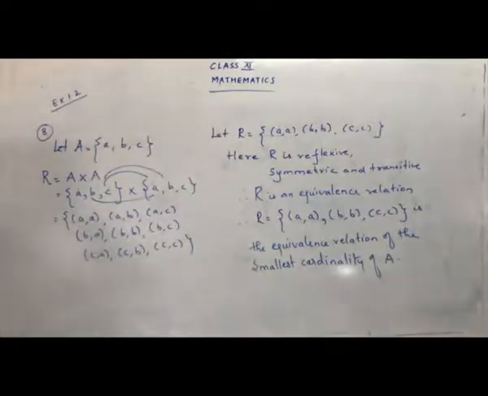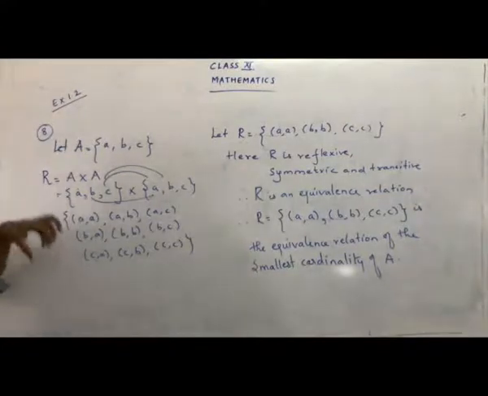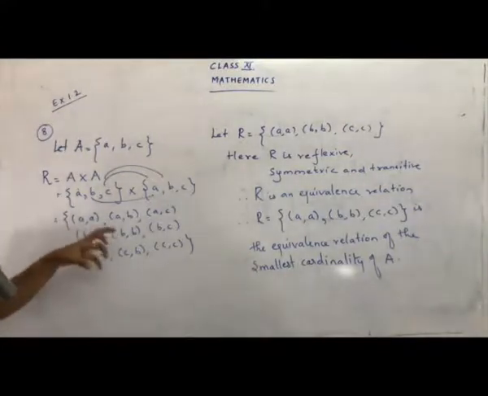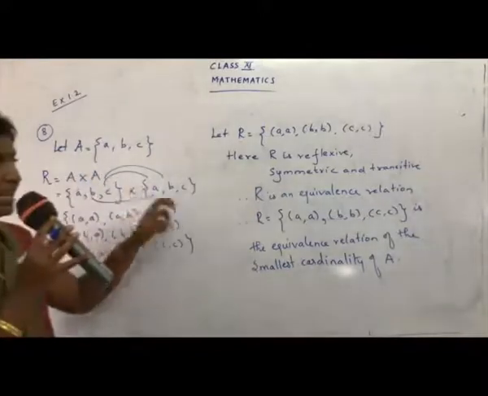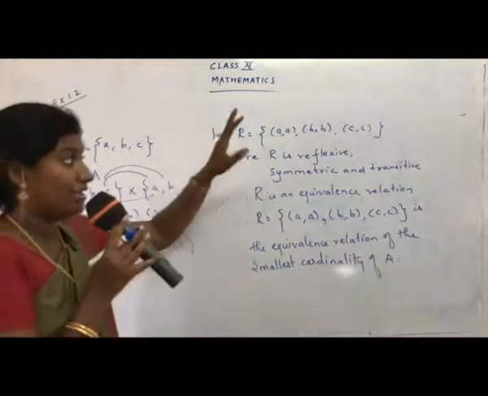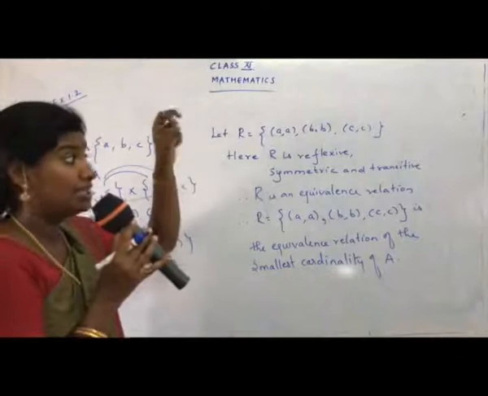So we are going to focus on the smallest cardinality and we have totally 9 pairs. So it's our decision, our own assumption, which pairs to be chosen so that we get the smallest relation. But we have to choose the pairs in such a manner that it should be reflexive, symmetric and also transitive.